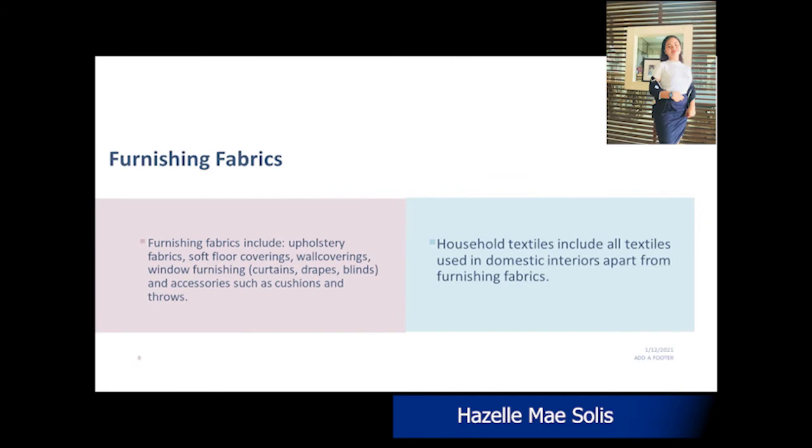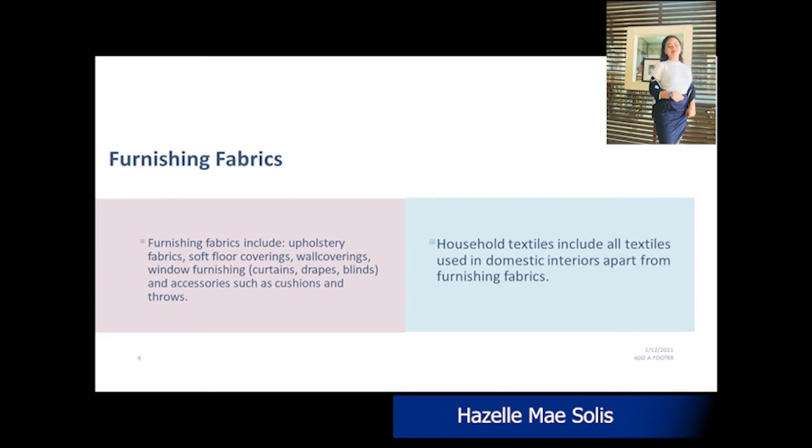Furnishing fabrics. Furnishing fabrics include upholstery fabrics, soft floor coverings, wall coverings, window furnishing, curtains, drapes, blinds, and accessories such as cushions and throws. First, upholstery fabric is the material which includes fabric, padding, webbing, and springs that make up the soft coverings of chairs, sofas, and other furniture.